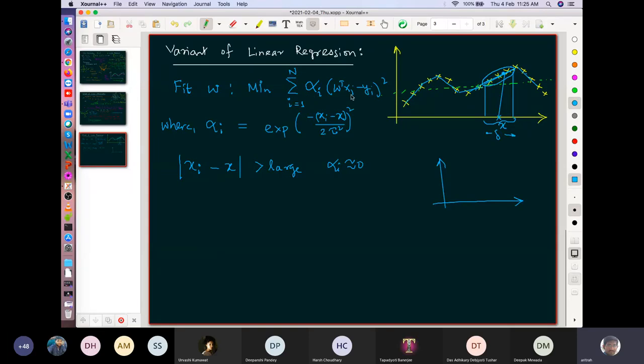So when alpha i tends to 0, a very far away point xi from my current point that I am trying to find out the value of will not be considered. Are you getting it due to this formula? If your xi minus x is small, then your alpha i will be close to 1.